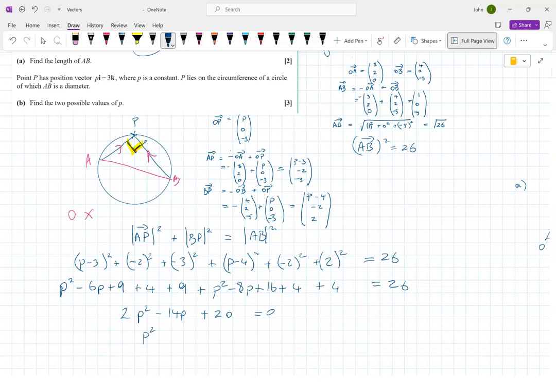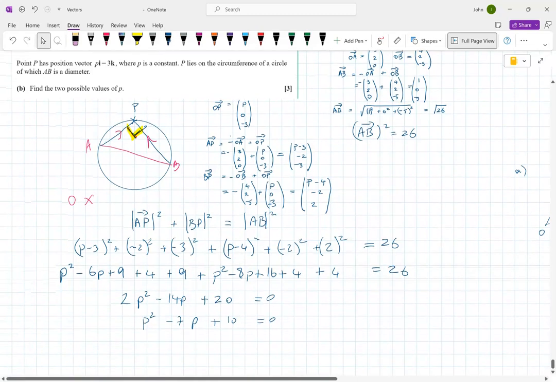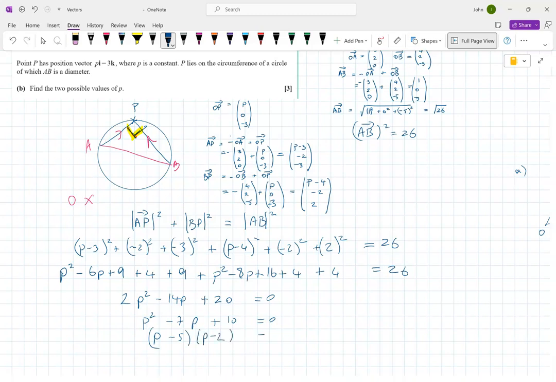I'm going to halve that: p squared minus 7p plus 10 equals 0. That factorises as (p minus 5)(p minus 2) equals 0. So p equals 5 or p equals 2.